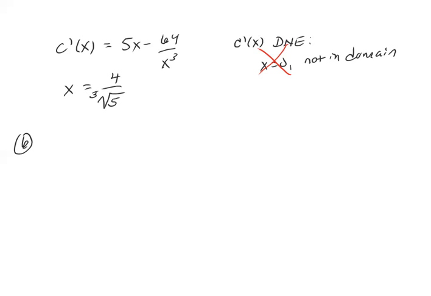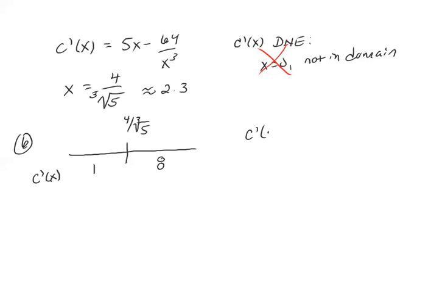I'm going to use the first derivative test. 4 over the cube root of 5 is approximately equal to 2.3. So I'm going to set up a little number line here. Say this is 4 over cube root of 5. And I'm going to test values in C prime to the left and to the right of that. Let's test maybe 1 on the left and maybe 8 on the right.